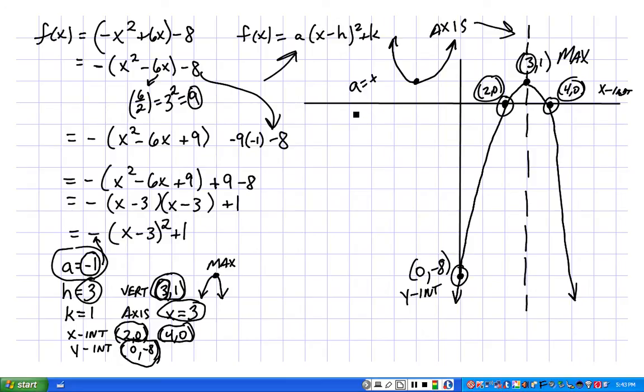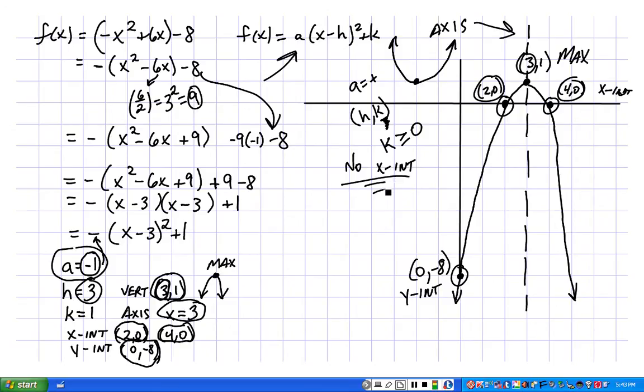If your A is positive, and your vertex, which is (h, k), has a k that is greater than or equal to 0, then you will have no x-intercepts.